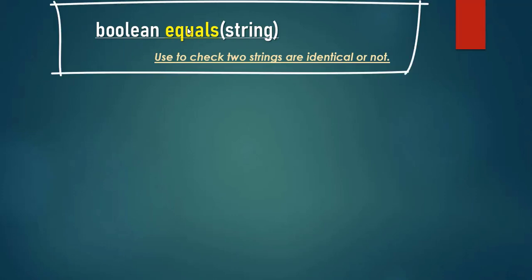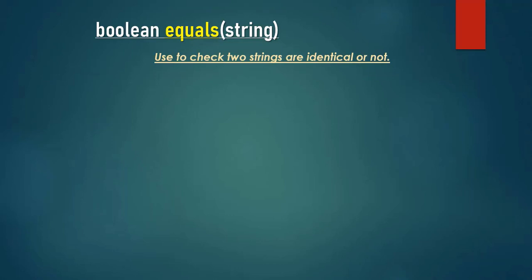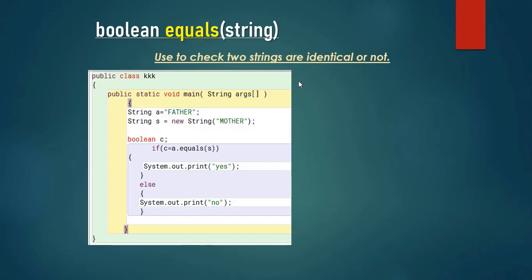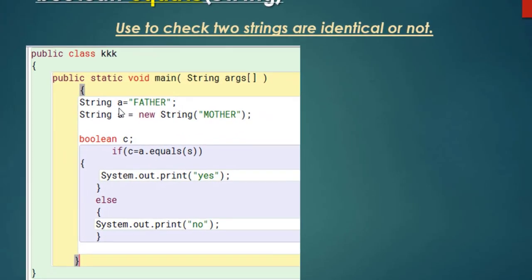Equals function. The equals function is used to check whether two strings are identical or not. See the program. String a equals "father" and string s equals "mother". Now I am taking boolean c, like c equals a.equals(s). If it is true, then it will print yes.